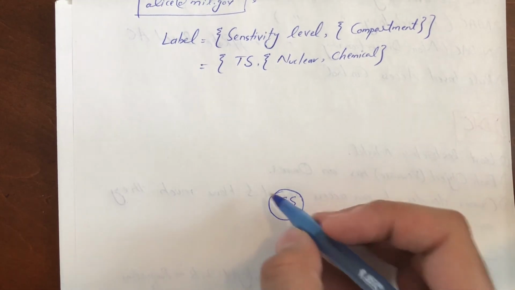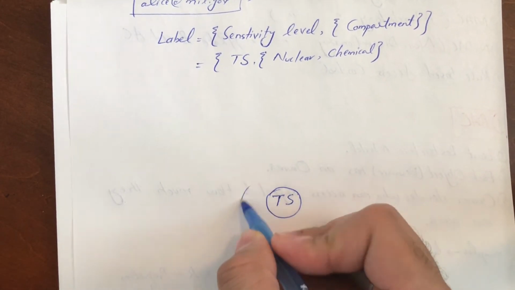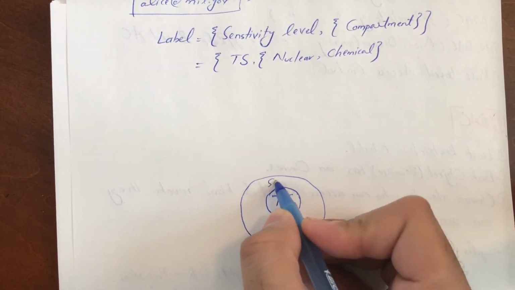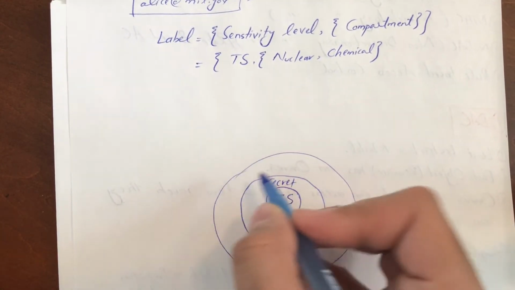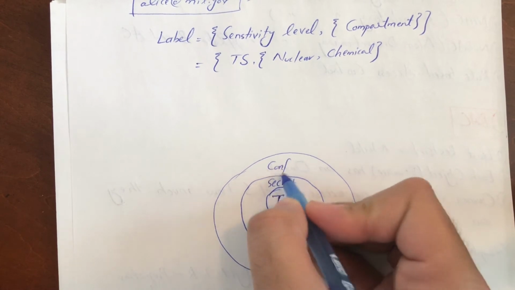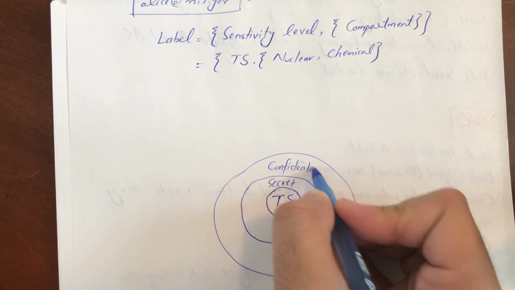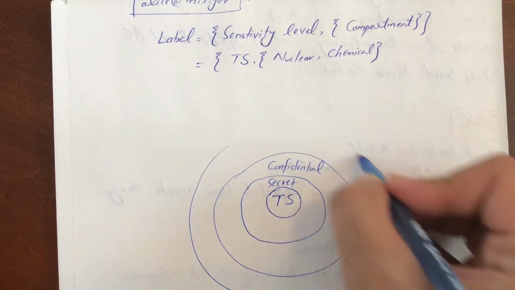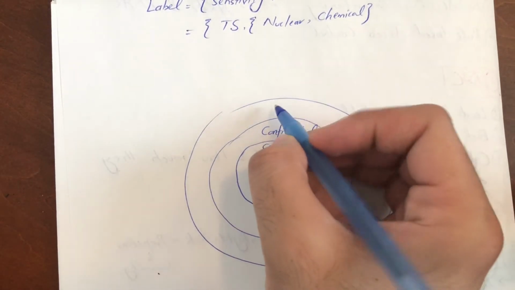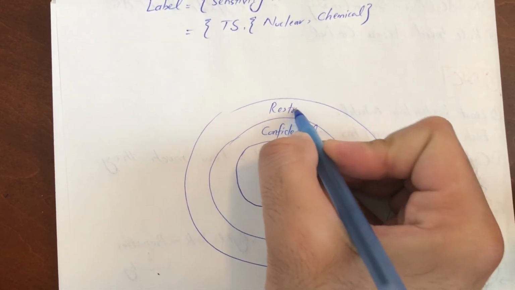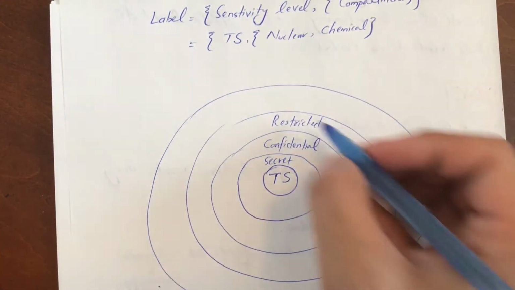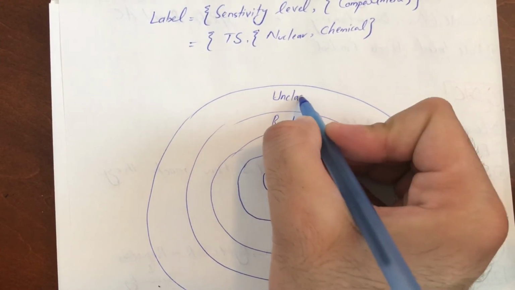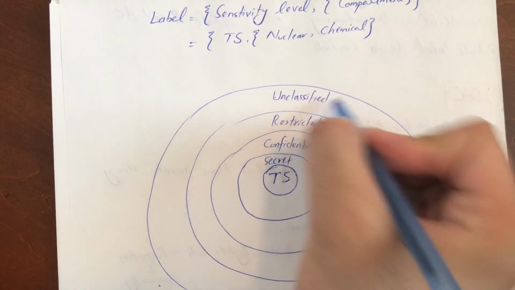After the top secret tier, we have another tier which is called secret. It holds the secret data. Then after the secret, we have confidential data. After confidential, we have restricted, which is accessible only to a few people. And after restricted, the last level is unclassified, which is basically public domain data.